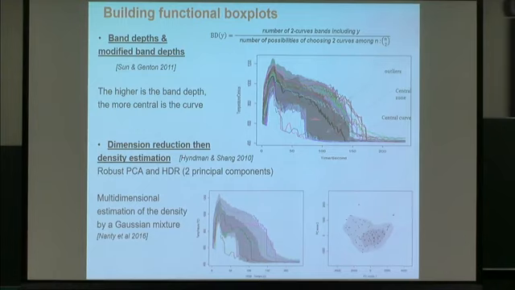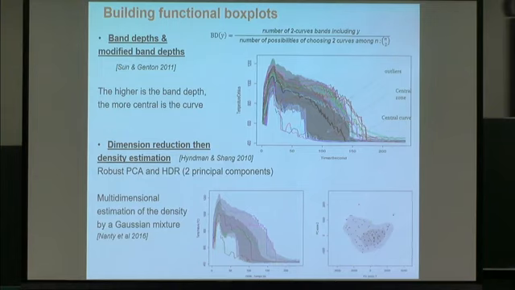And this kind of technique allows building a box plot, where this gray region contains 50% of the curves. Here I contain 90% of the curves, and I eliminate the other curves, which can be considered as extreme curves, maybe not as outliers because maybe they are very normal curves, but they are extreme curves.